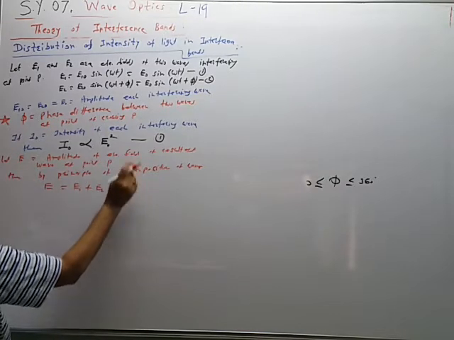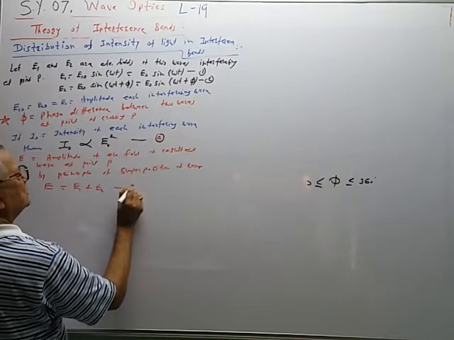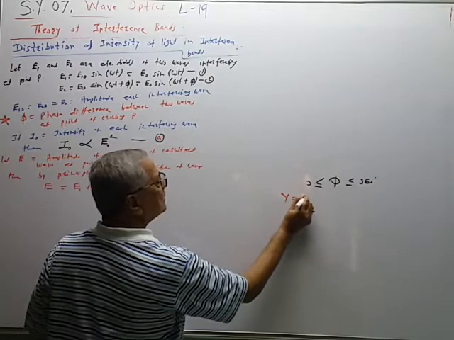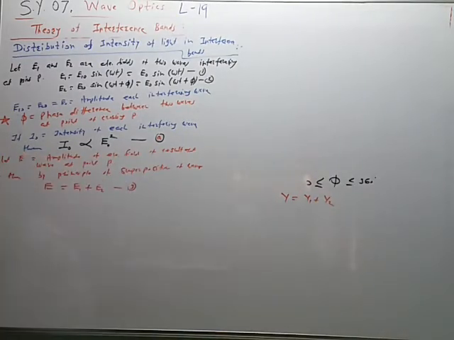This is equation 3. So actually we have given this principle like this. Resultant displacement is a vector sum of individual displacements. Y is equal to y1 plus y2.